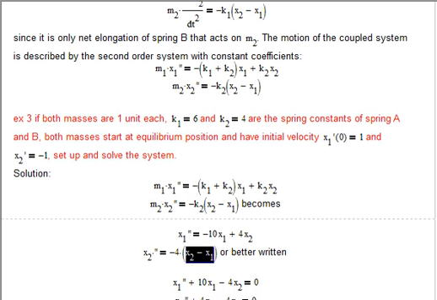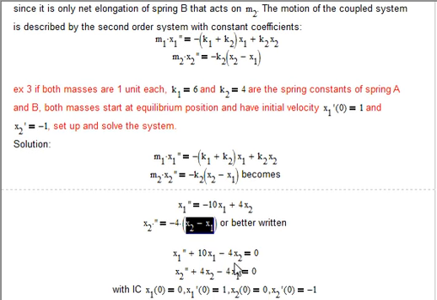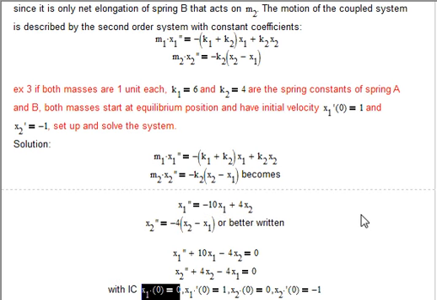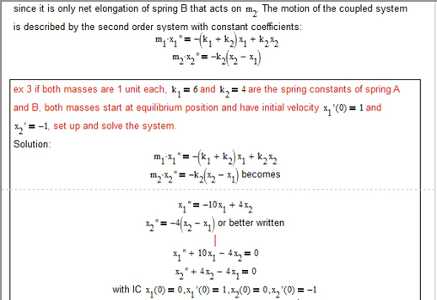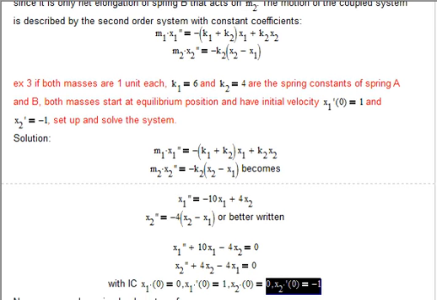Or better written would be this: x1 double prime plus 10x1 minus 4x2 equals 0, x2 double prime plus 4x2 minus 4x1 equals 0, with initial conditions. The initial position of x1 was 0, the initial velocity was 1, the initial position of x2 was 0, initial displacement if you want to call it that, but the initial velocity for x2 was -1.